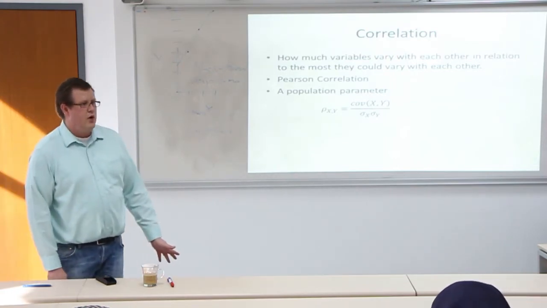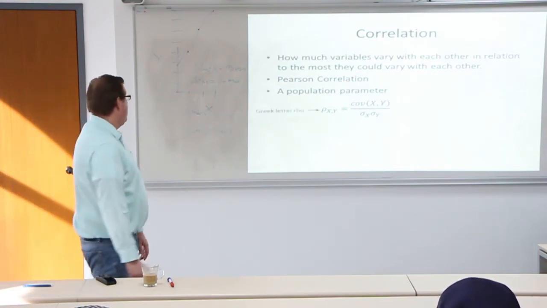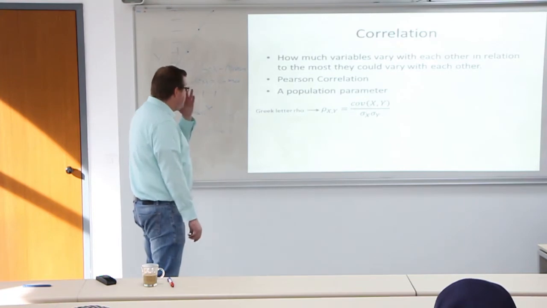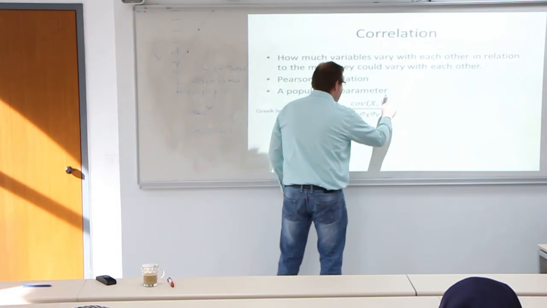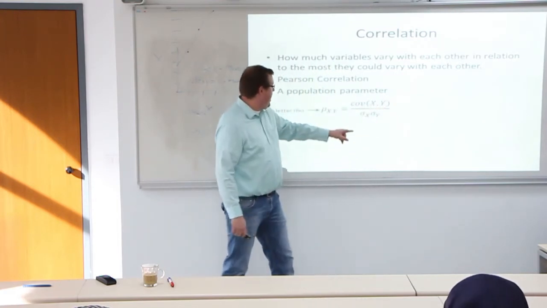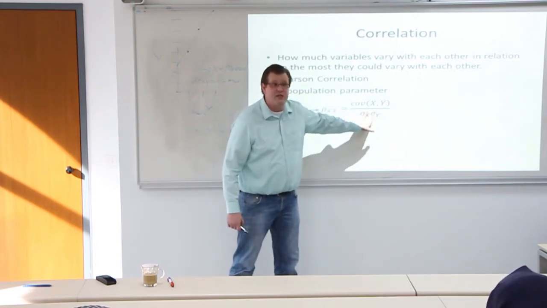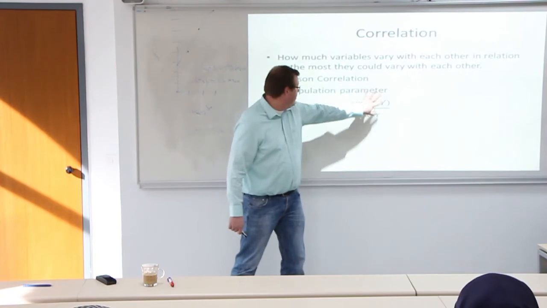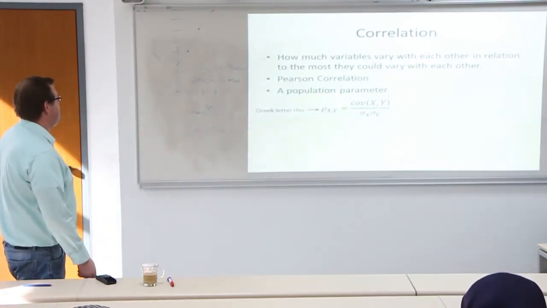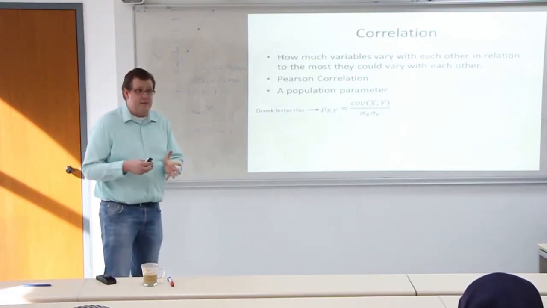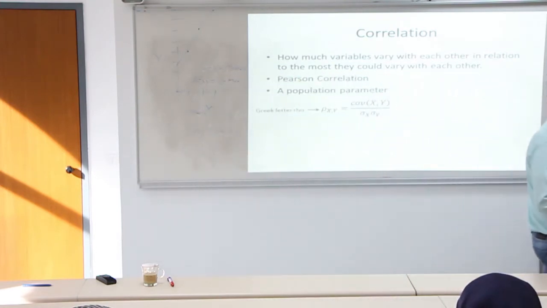Does anyone know what it stands for? Anyone good with Greek? Rho. Rho. So that's the Greek letter rho. And the correlation is the covariance of x and y divided by the standard deviations of x and y. And these are the standard deviations in the population. These are not estimates. Right? All of this is what's in the actual population. So that's a population parameter. Just like we estimated means, we estimated variance, we can estimate the correlation in the population.